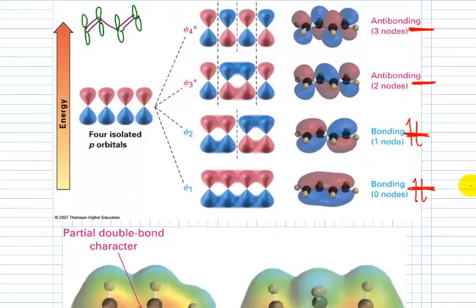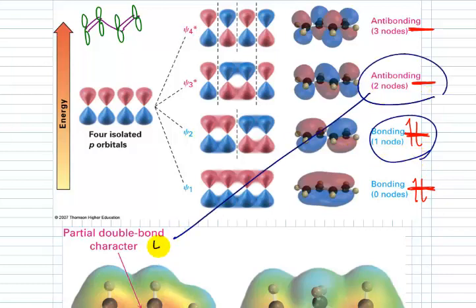We have names for those. Specifically, the ones that will be important to us will be the lowest unoccupied, okay, and the highest occupied.